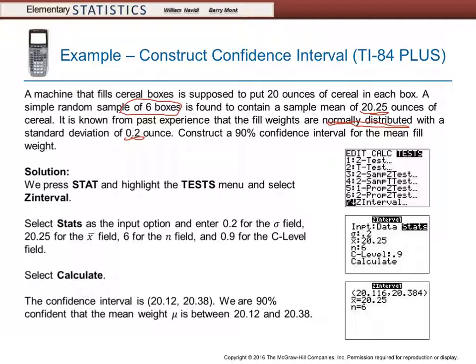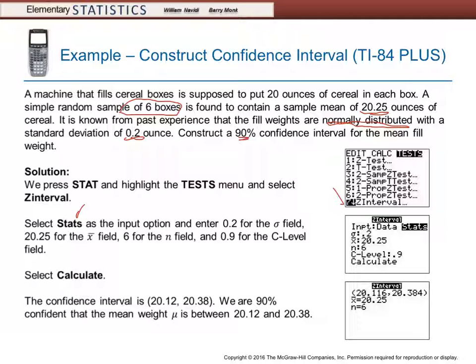It should say a population standard deviation. Construct a 90% confidence interval for the mean weight. Well, we press the stats key, we move over to the test key, and we select option 7. Then we select the stats option because all we have is statistics. We don't have an actual data set.